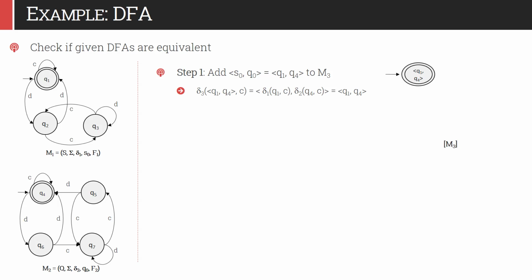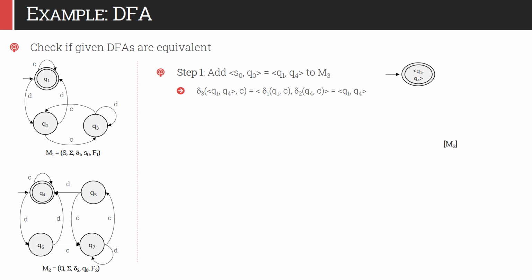If we look at M1 and M2, these DFAs are constructed over the alphabet C and D. So we will find the delta transition of Q1, Q4 on C and the same on D. So delta 3 of the combined state Q1, Q4 on C, we can rewrite as delta 1 of Q1, C, comma delta 2 of Q4, C. Because Q1 belongs to machine M1, we consider the delta 1 transition on it, and Q4 belongs to machine M2, so we apply the delta 2 transition on it. But the input alphabet is C for both.